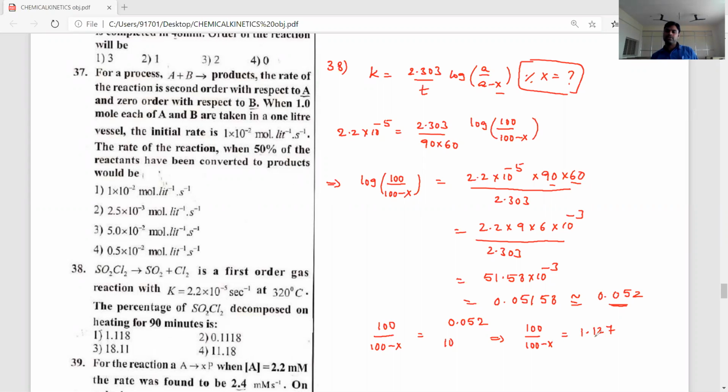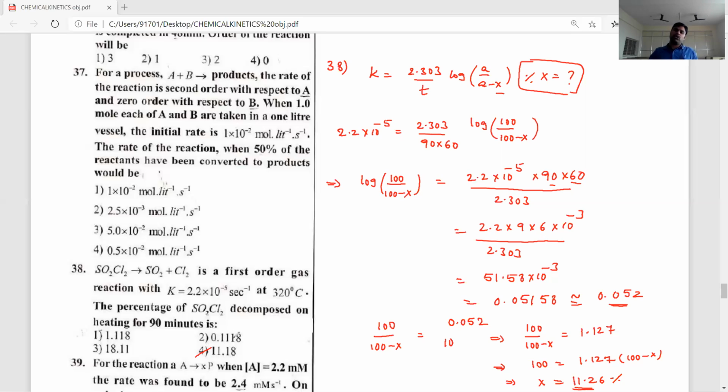The anti-logarithm of 0.052 is 1.127. Then 100 is equal to 1.127 into 100 minus x. On simplification, the x value comes around 11.26 percentage. So the correct answer is the fourth option, approximately 11.26 percentage.